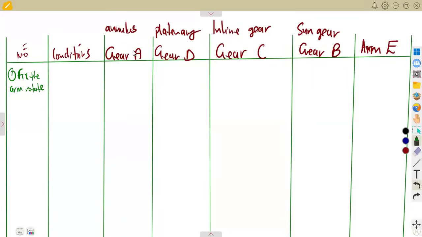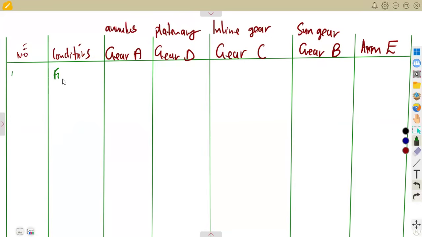So in this case, our annulus is gear A, so that's why we have to write gear A. What you are doing there is rotating the annulus plus 1 revolution. Look where I'm writing now, I'm writing where I'm not supposed to be. I wanted to have it this way. I'm not supposed to even write this number here.